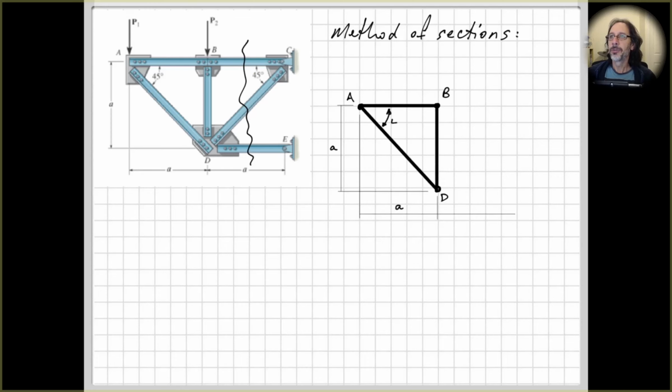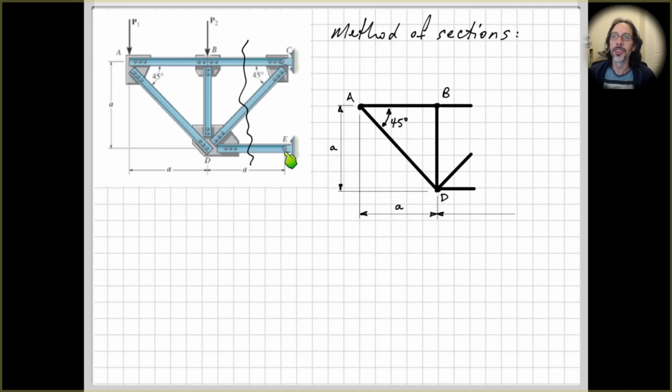All right, so drawing my free body diagram of one side or the other of the cut. So let's assume that we haven't calculated the reaction forces. Often in textbook problems, they'll just say, use the method of sections to find the forces in members BC, DC, and DE. Right? And if that's all you're asked to do, then you don't need to work out the reactions.